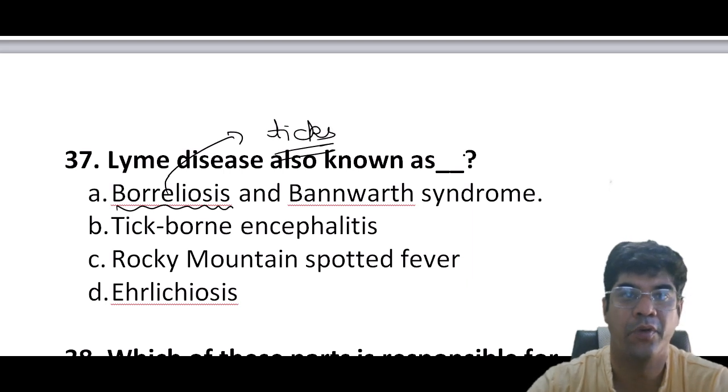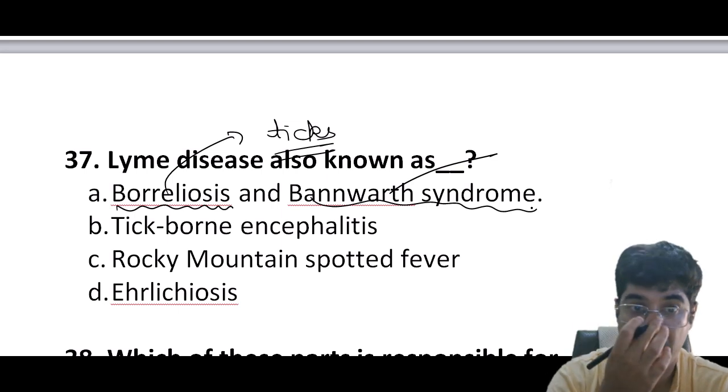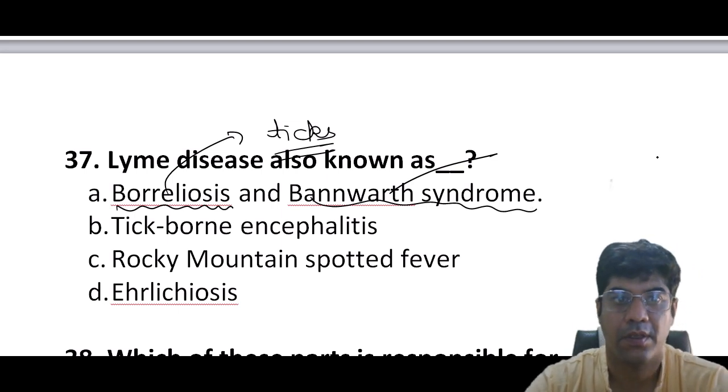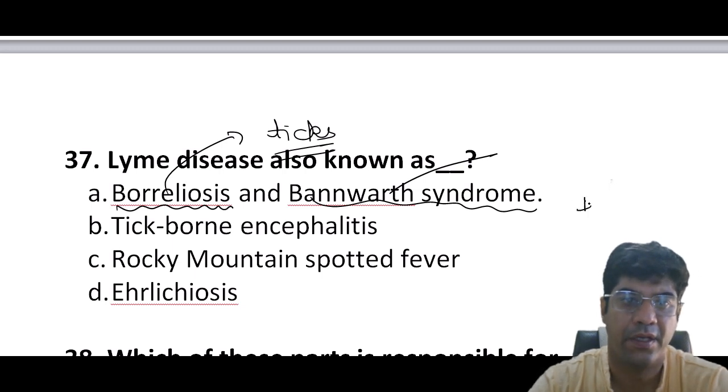So it is also known as Van-Wart syndrome. So Lyme disease, the causative agent is Borrelia. It is transmitted through the bites of Ixodes ticks, commonly known as deer ticks.